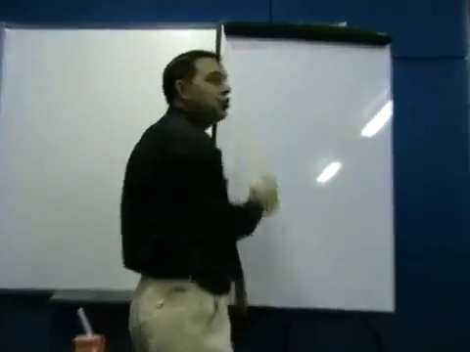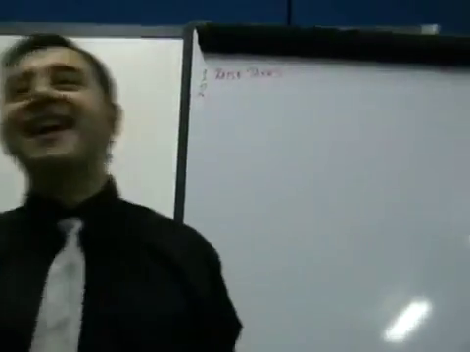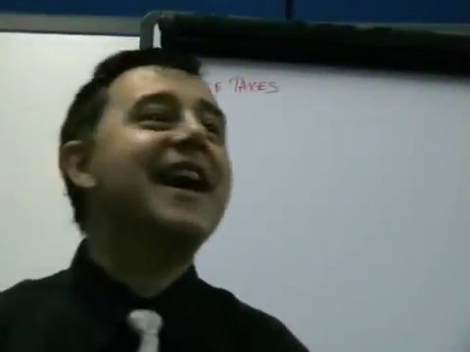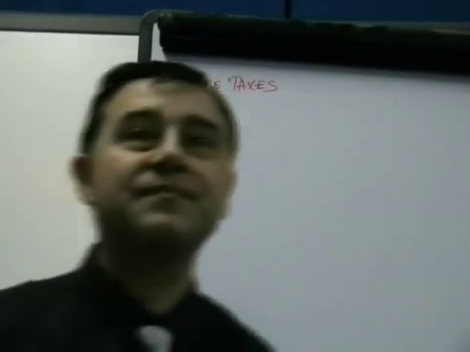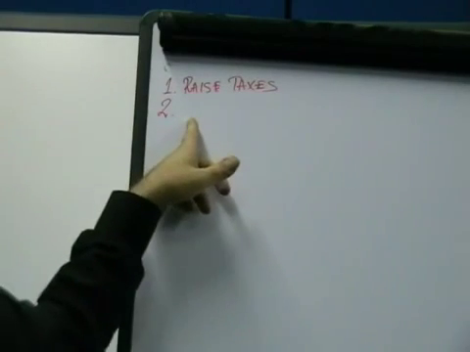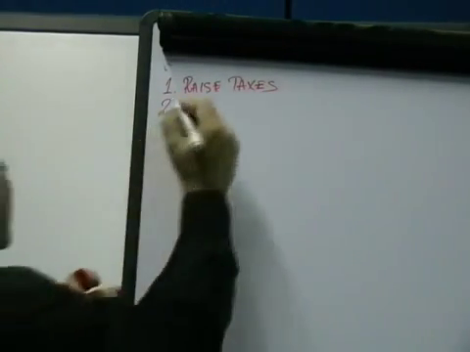Number 2, sell a few things, like parks and other assets. Well, sell if you have. If you don't have, what do you do? So, selling assets. What else? Well, of course, one way is to cut spending.